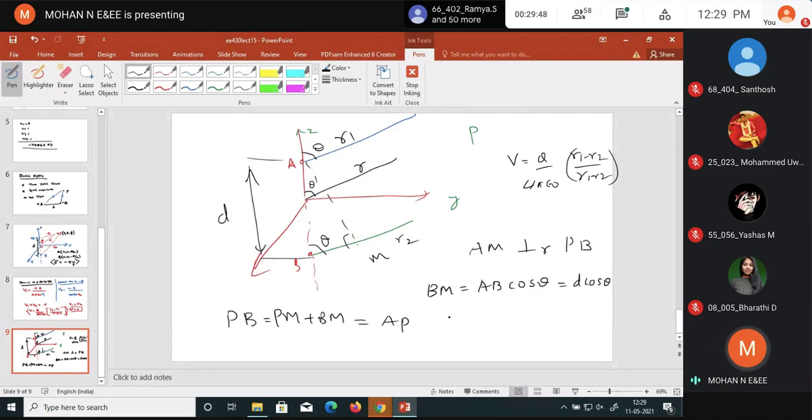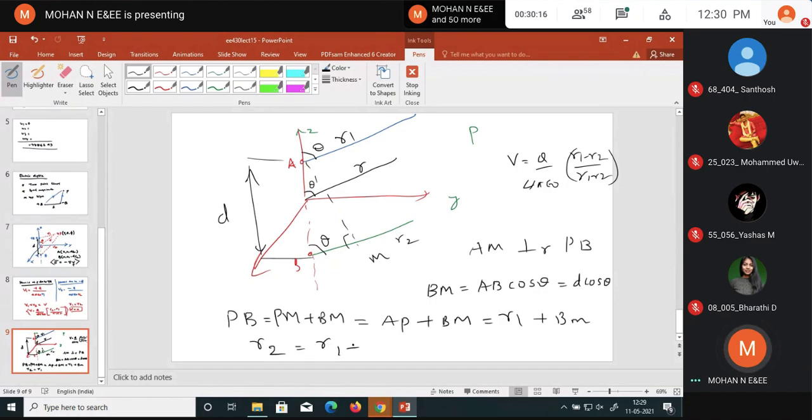So PM is equal to AP or PA, so you get PB as AP plus BM. PA or AP is R1, and PB is R2.